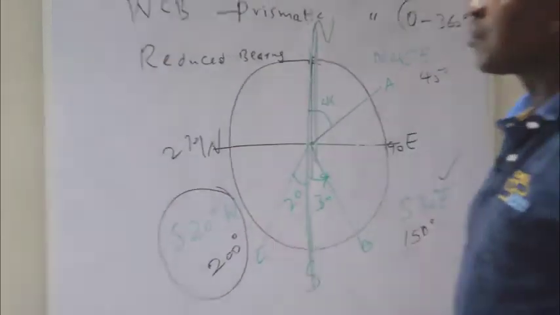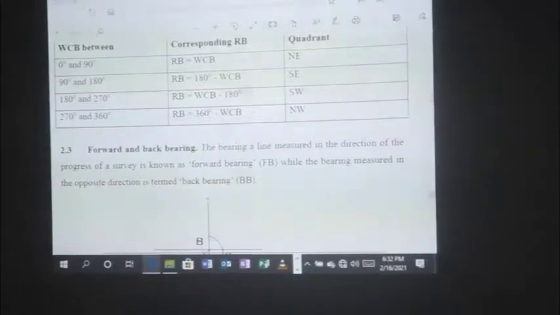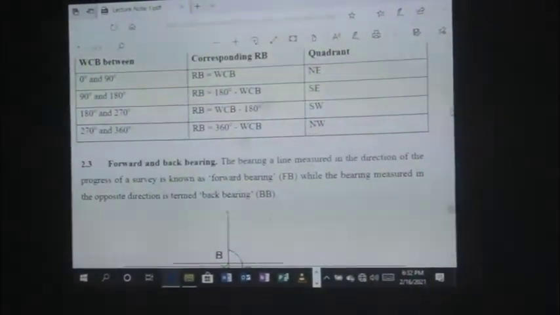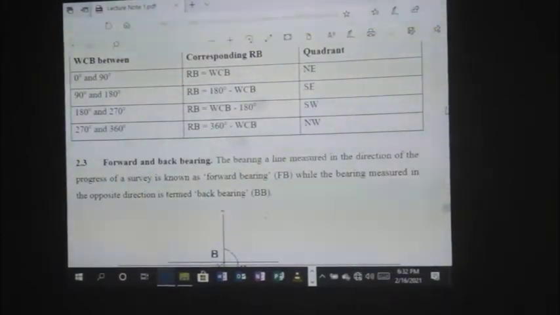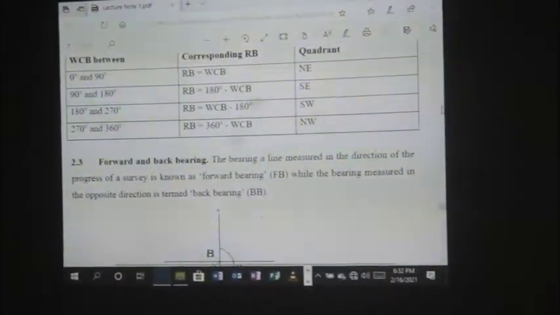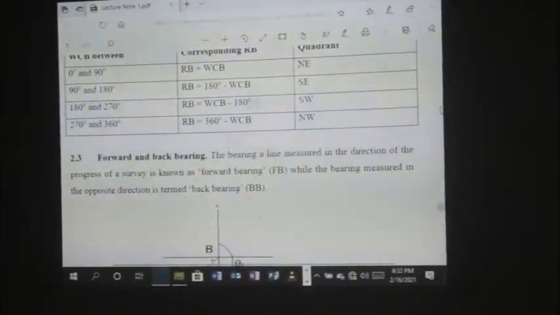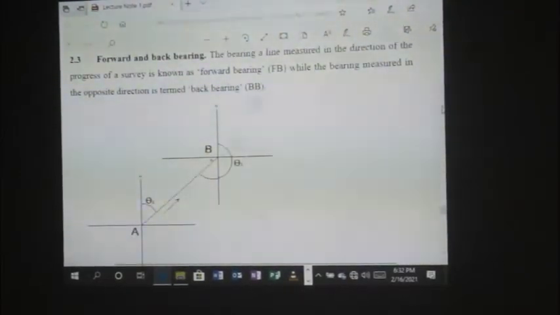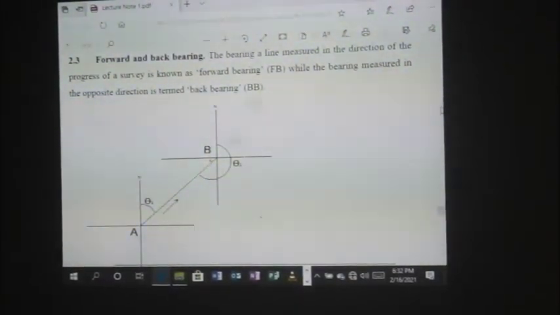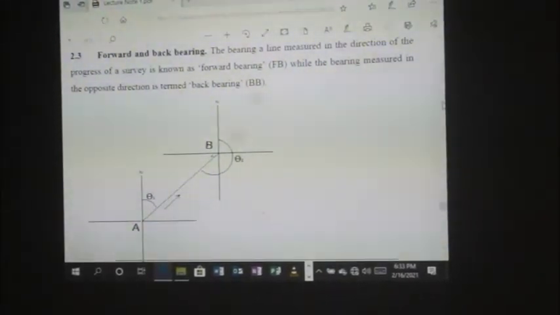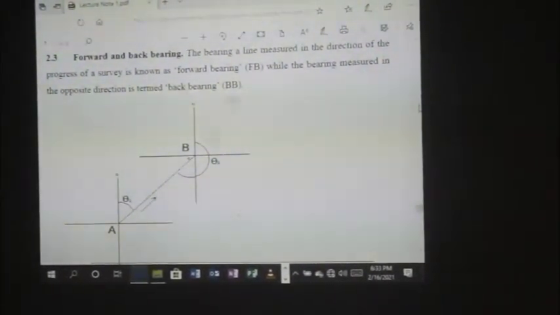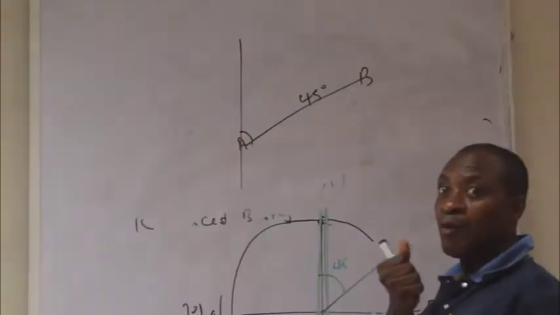And for forward and back bearing, it is just, if you go in a particular direction, if I'm moving from A to B, assuming the bearing is 45 degrees. If I observe at A towards B, I observe 45 degrees with my compass.